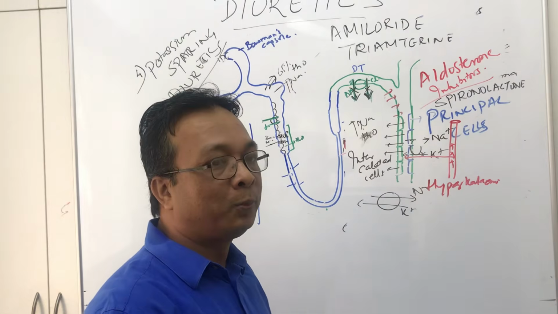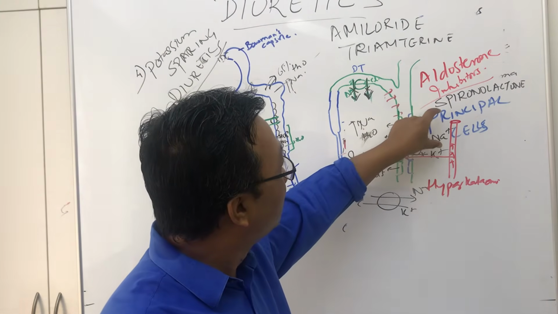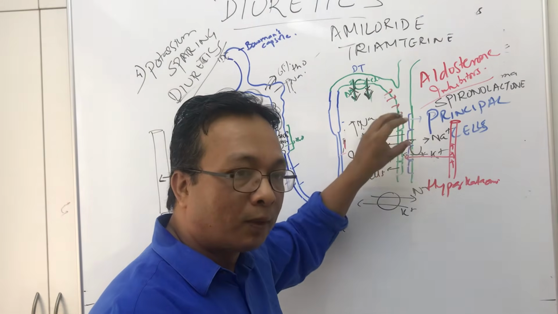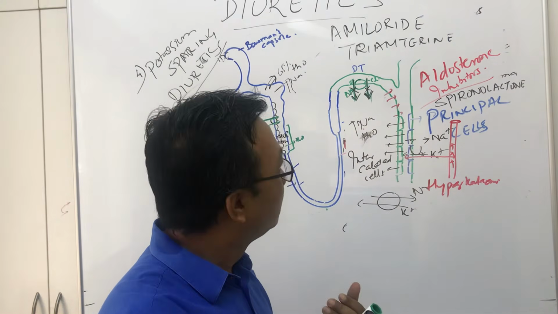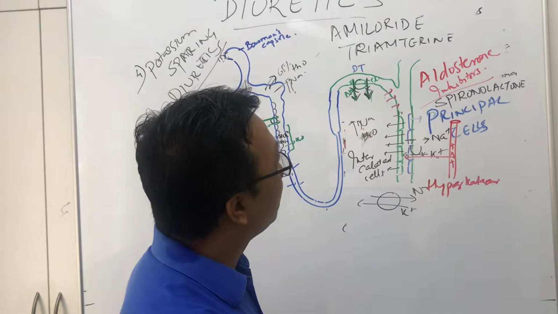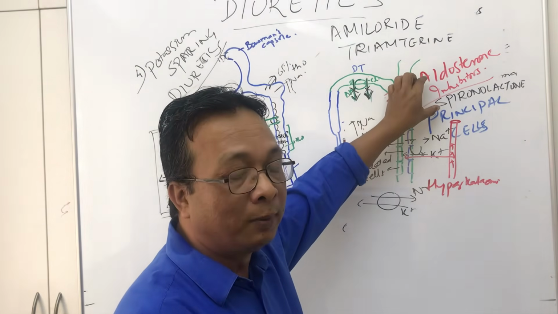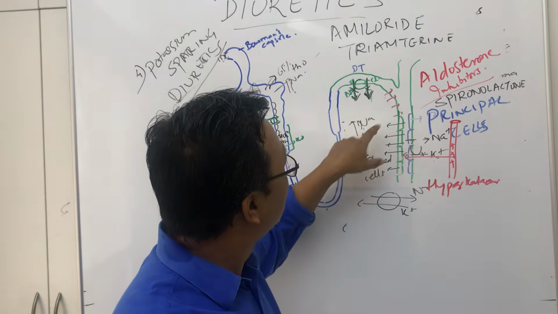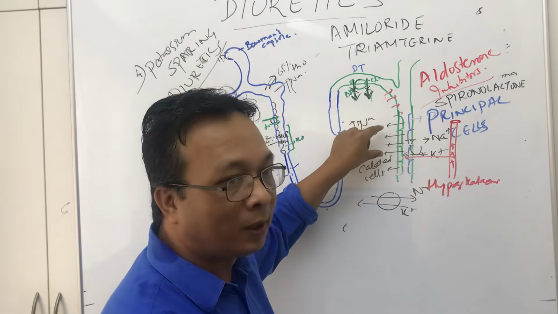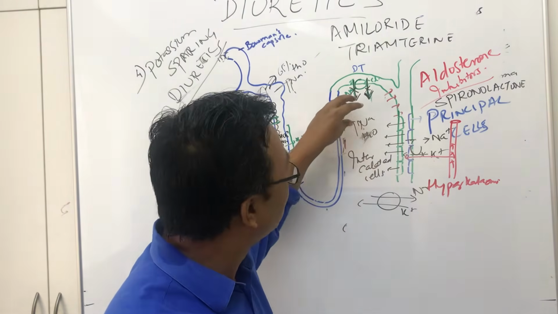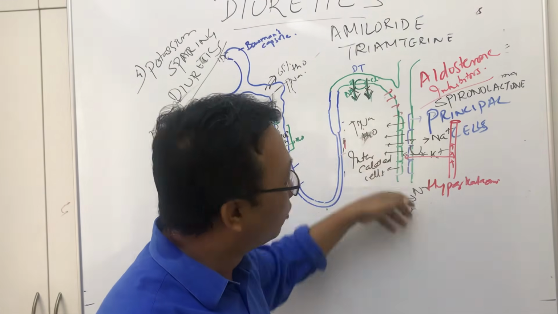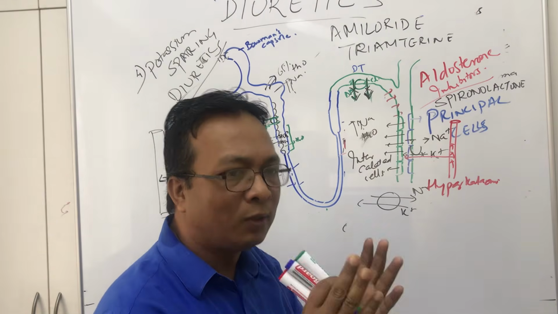Spironolactone is an aldosterone inhibitor and it is also a potassium-sparing diuretic. Under potassium-sparing diuretics, there are two types. One inhibits the sodium-potassium exchange mechanism in the principal cells. Another group is directly aldosterone inhibitors. They inhibit the aldosterone hormone, so the aldosterone effect in the collecting duct is lost. Some of the sodium and water will not be absorbed, and urine volume will be increased just a little bit.